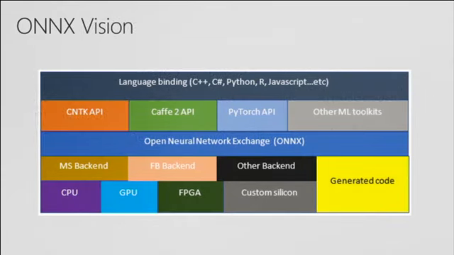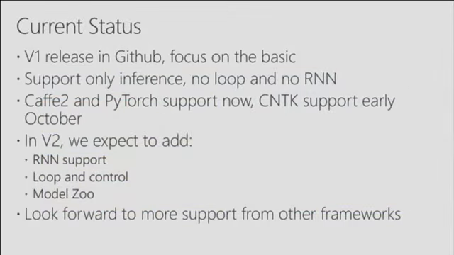Here's the overall vision of ONNX. We have ONNX in the middle, and then we have Microsoft backend, Facebook backend, and maybe other toolkits' backends, which will run on top of CPU, GPU, FPGA, or even custom silicon. On top of ONNX, we have a CNTK API, Caffe2 API, PyTorch API, etc. And one layer up are all the C++, C#, Python implementations.